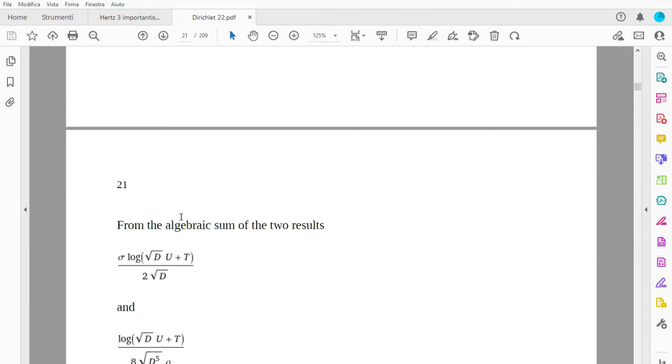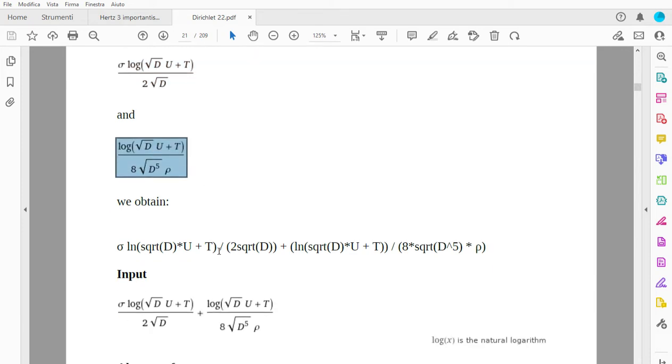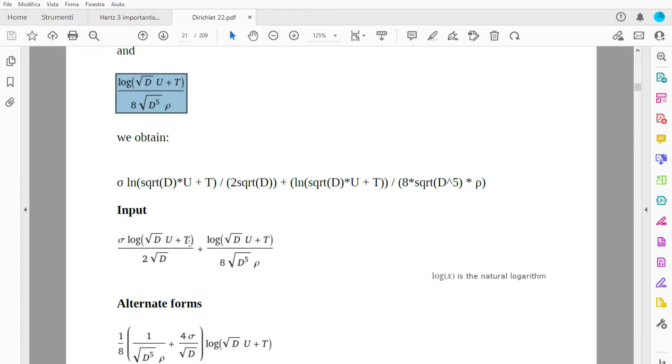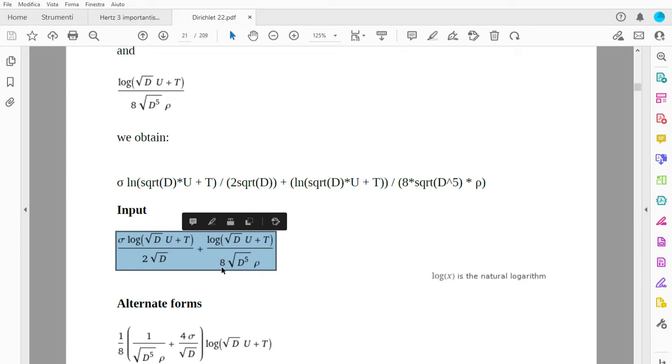Now, from the algebraic sum of the two results, the first and the second, we obtain the following expression.